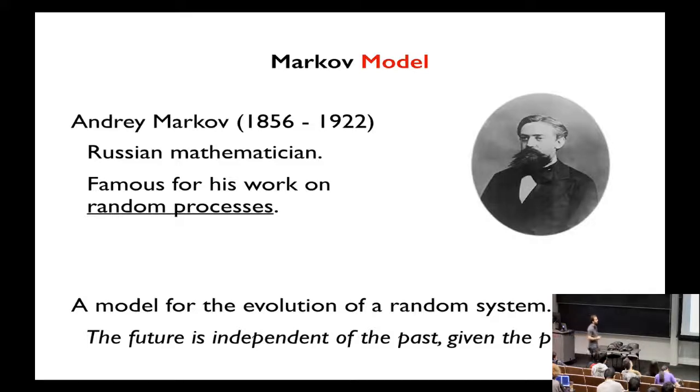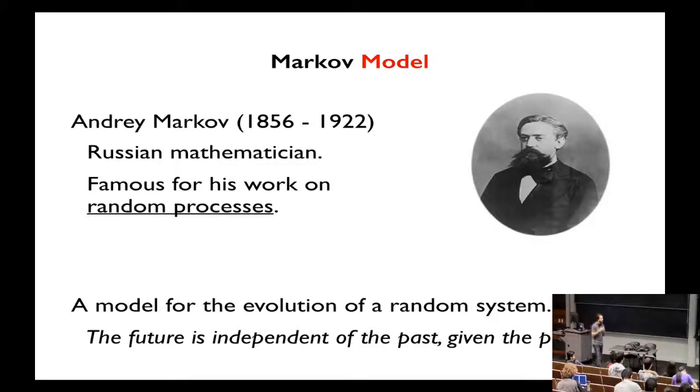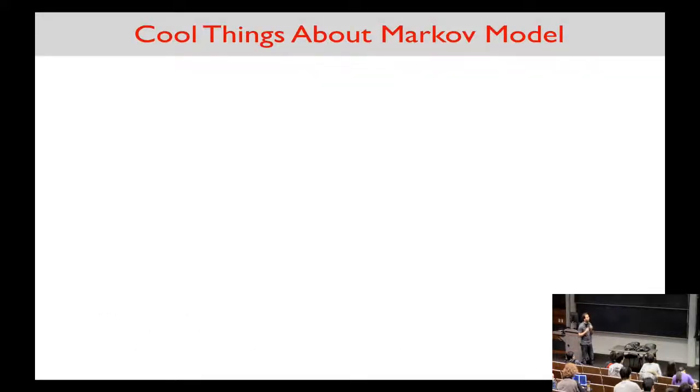So we're after these random processes that satisfy this requirement. And if you think about it, a lot of the random processes do satisfy this requirement. And I will actually show you lots of examples and convince you that this is the case.